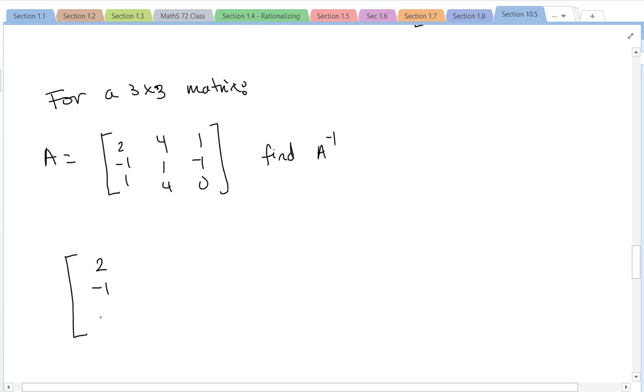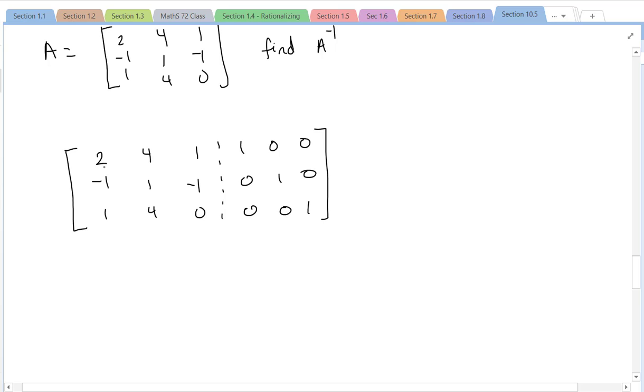So I'm going to have 2, negative 1, 1, 4, 1, 4, 1, negative 1, 0. And we're going to augment it with the identity matrix for a 3 by 3. And we will proceed and do Gauss-Jordan elimination to get the identity over here. So 1, 0, 0, 0, 1, 0, zeros, and then a 1. So that will be the process. And by the end, you'll have your inverse. So I'll do another video just to do this example.